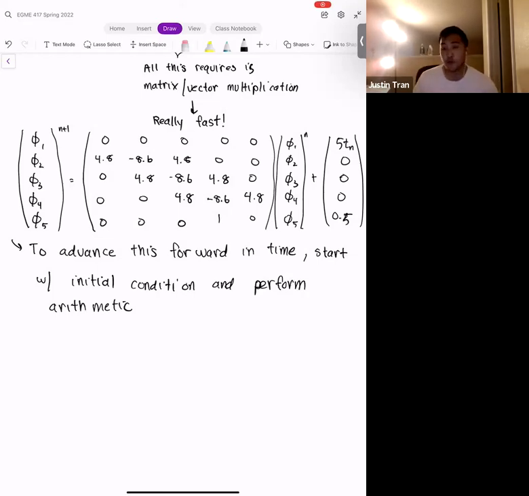And so you just have to perform the matrix vector multiplication. One of the more common initial conditions that you can see is what's called a zero initial condition. And so what we assume is that the initial values for all the phis are going to be zero.